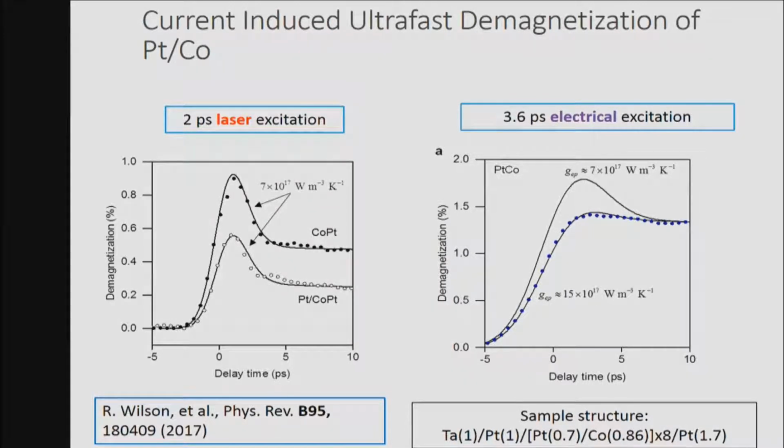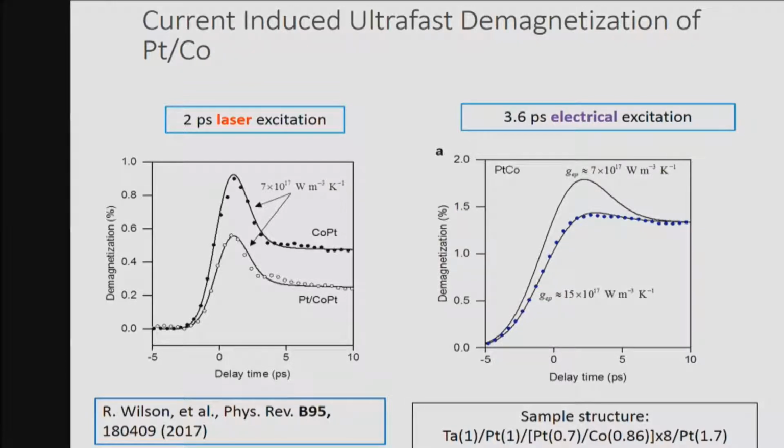For comparison, we also used the laser itself to try to demagnetize the same layers, and we see slightly different time dependence of the dynamics of the magnetic material. That's interesting, and if you'd like to understand our interpretation of why these two curves are a little bit different, you can go to this paper and read about it.